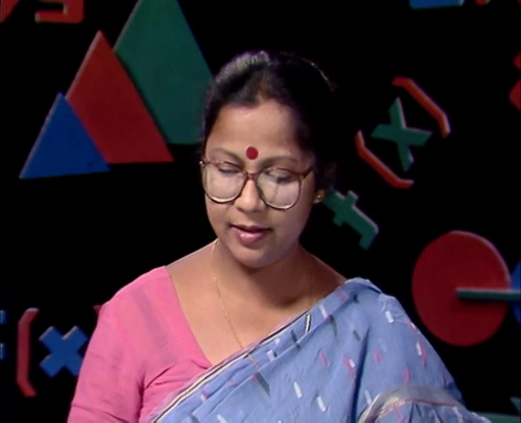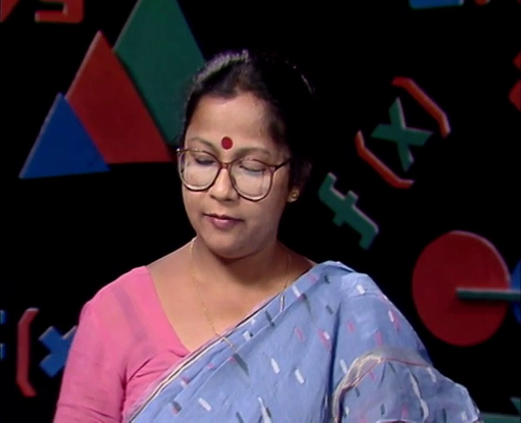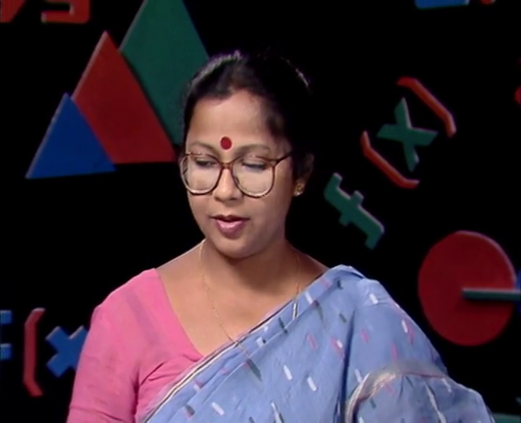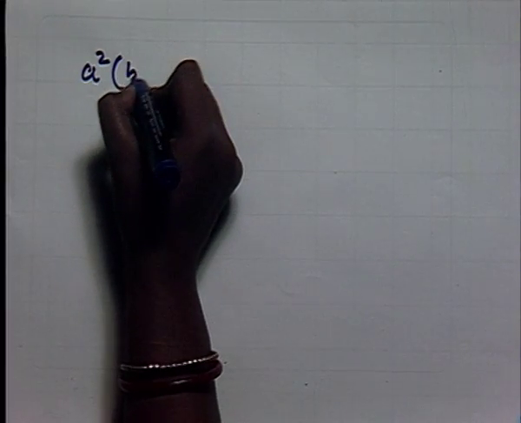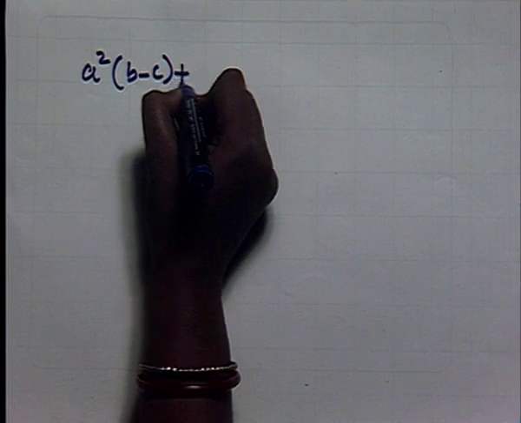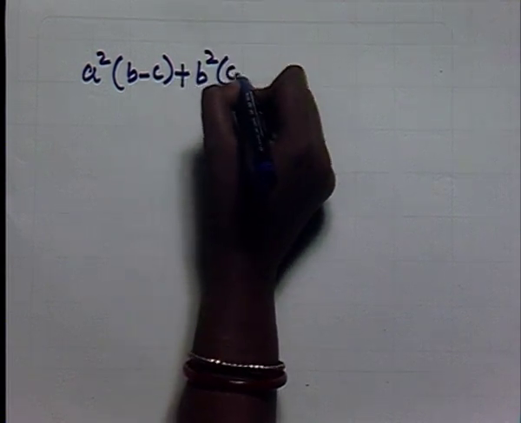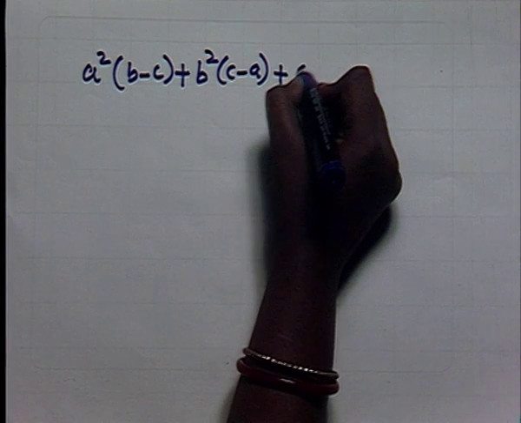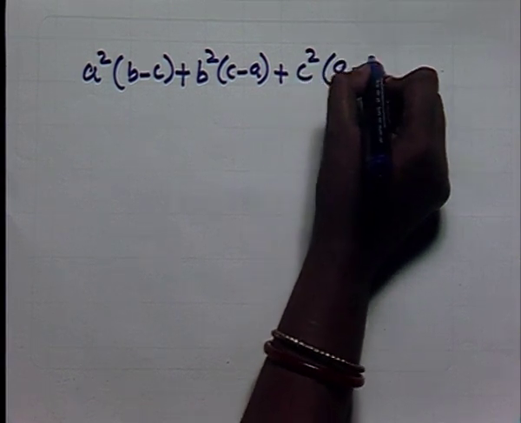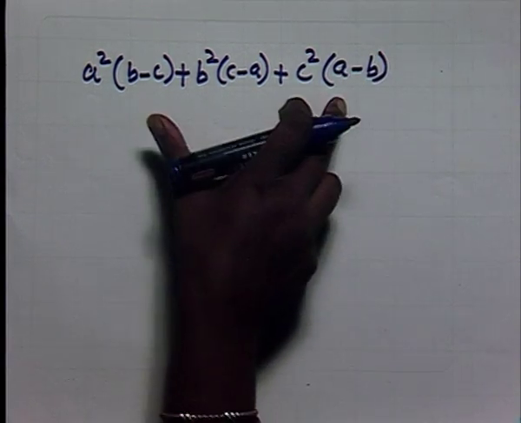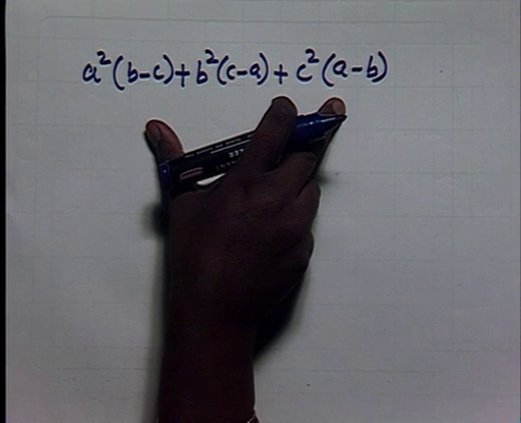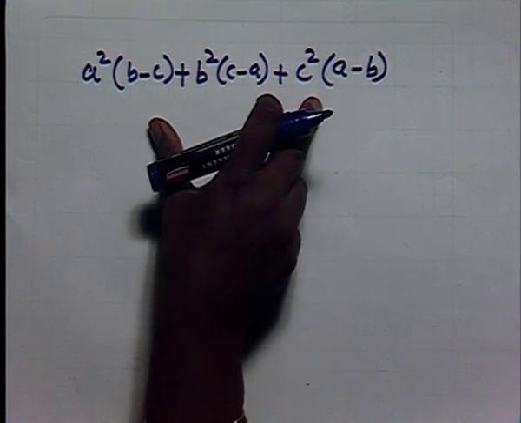In one of the methods, first of all we will write down this expression, that is A square into B minus C plus B square into C minus A plus C square into A minus B. I have only written down the numerator because I want to factorize the numerator here.